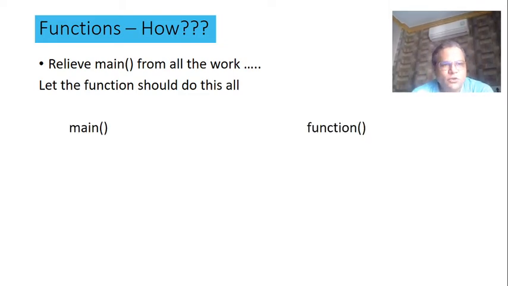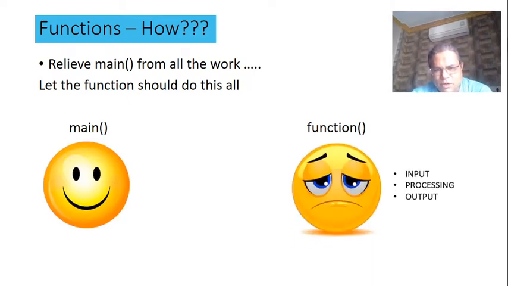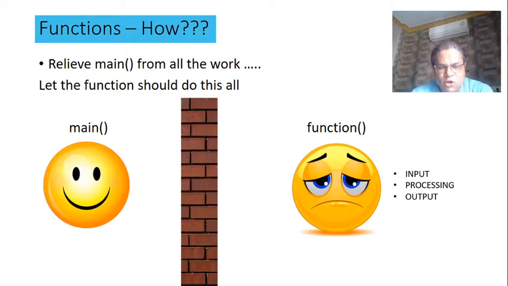So in this case, as you can see, main will be happier because it is relieved from all the tasks, whereas the function will be little sad because it has to perform many operations like input, processing, and output. And of course there will be a wall present between main and a function which divides their variable space.